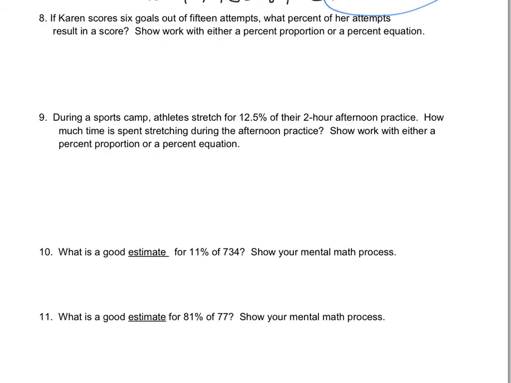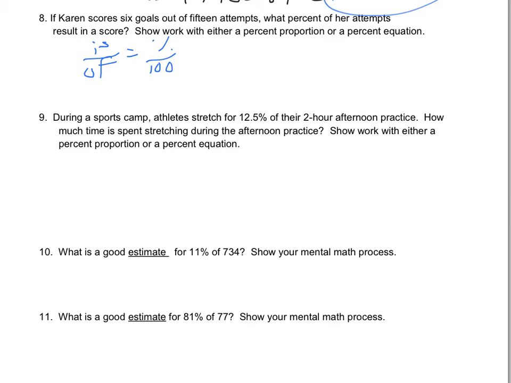All right, number 8. If Karen scores 6 goals out of 15 attempts, what percent of her attempts result in a score? She'll work with either a percent proportion or a percent equation. All right, I'm going to go ahead and do the is over of, or part over whole, equals percent over 100. So she scores 6 goals.